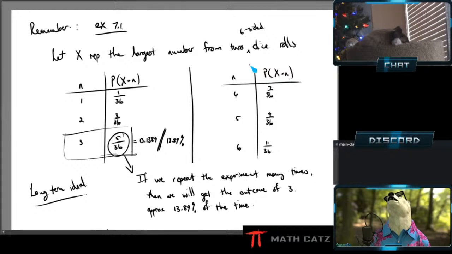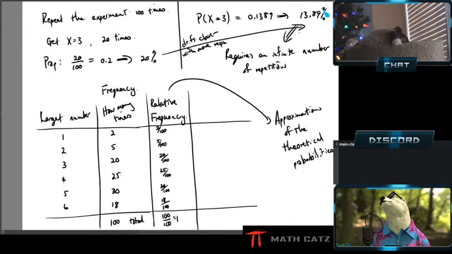Now, we took a very simple example, one where we can calculate these theoretical ideal probabilities. It's a very simple situation. So simple, I could list all the possibilities I could get. In practice, that's not the case. In practice, one of two things will most likely happen. One is that even though the theoretical probabilities exist, they might be so complicated to calculate that I might not have the mathematical tools to do it.